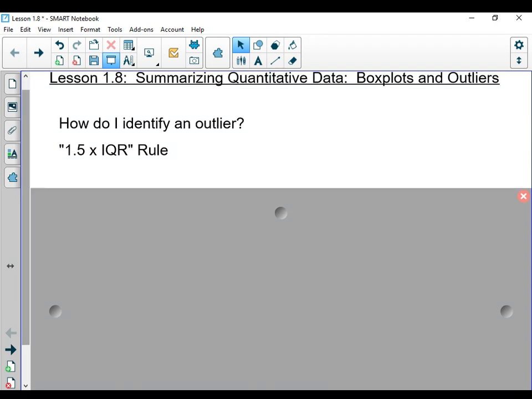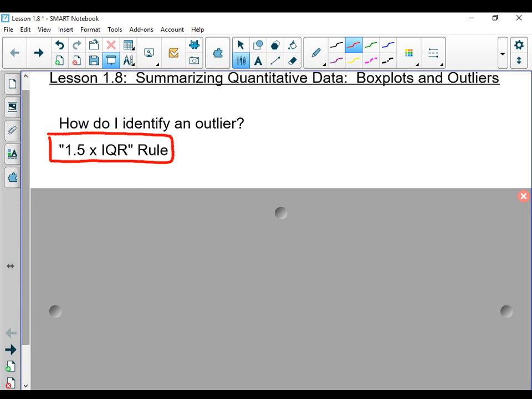If I'm going to try to identify whether I have an outlier in my data or not, what we're going to use is what's referred to as the 1.5 times the IQR rule.